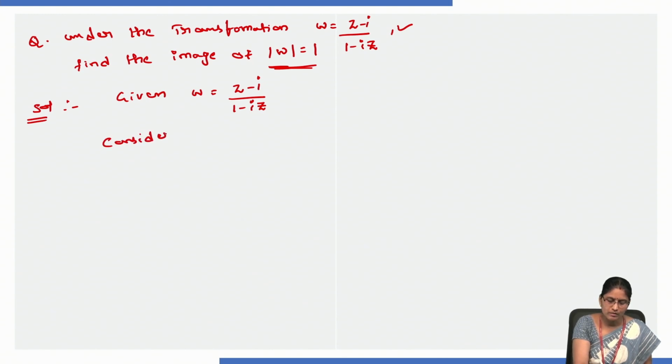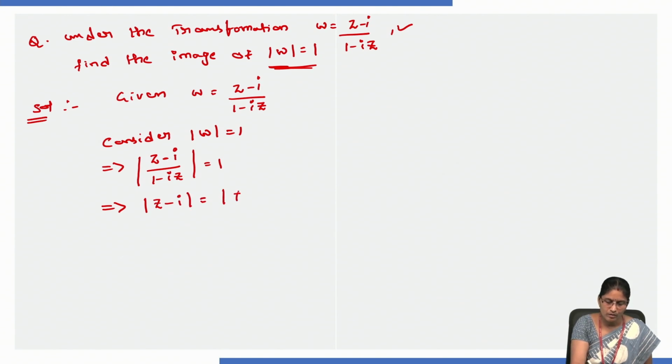Consider mod w is equal to 1. In place of w, we have to take (z minus i) by (1 minus iz). Substitute in place of w: mod of (z minus i) by (1 minus iz) is equal to 1. That implies mod z minus i is equal to mod 1 minus iz, which implies, z is x plus iy.